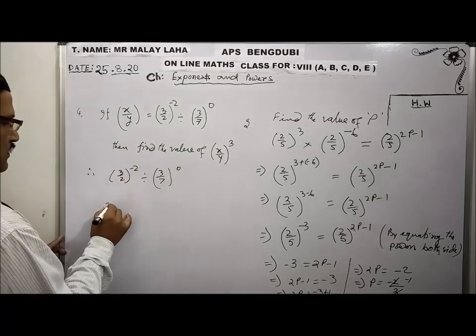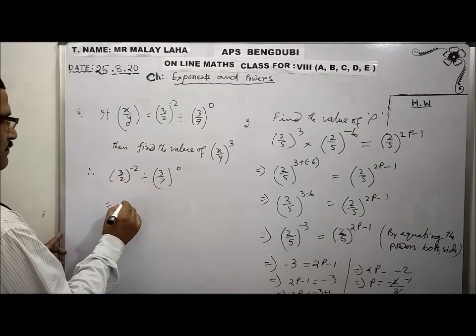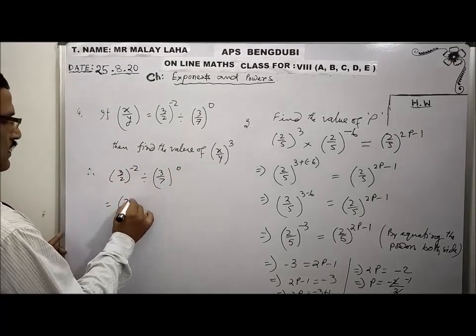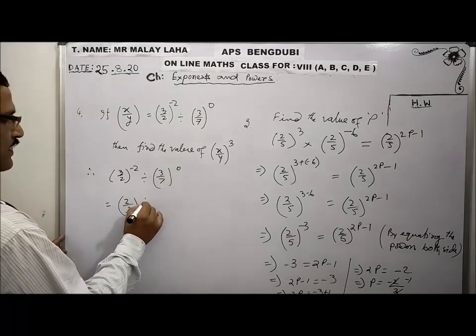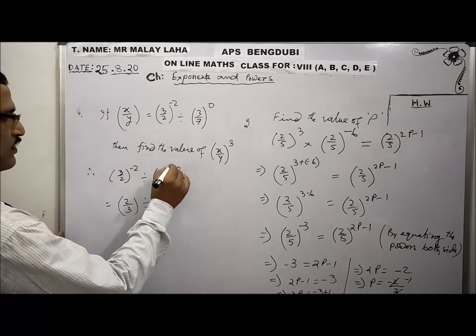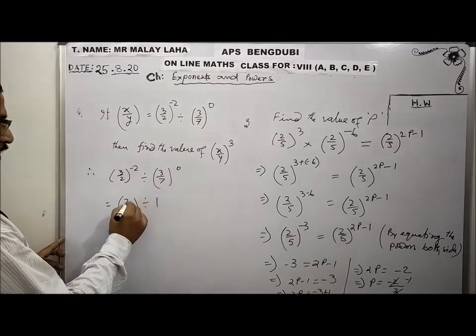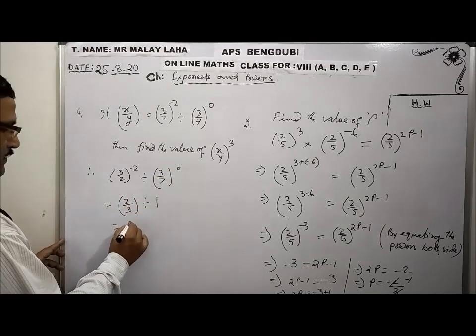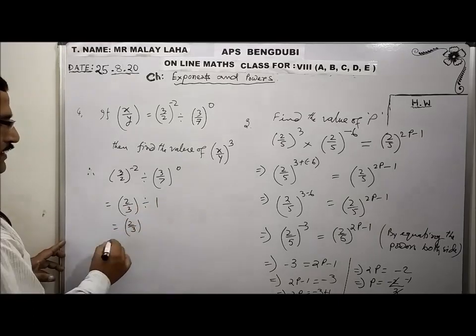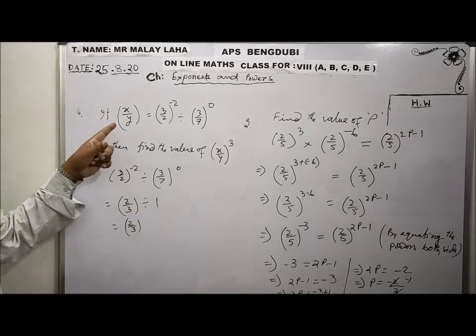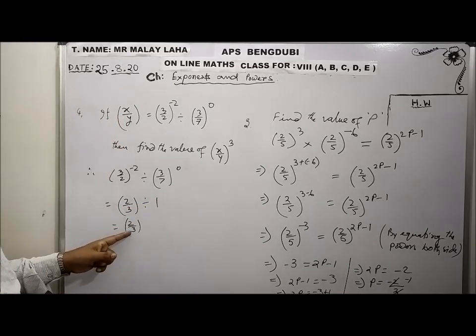Make it positive, so (2/3) squared. When any number is raised to the power 0, it will be 1 only. When any number is divided by 1, we get 2/3 as the answer. So x by y equals 2/3.